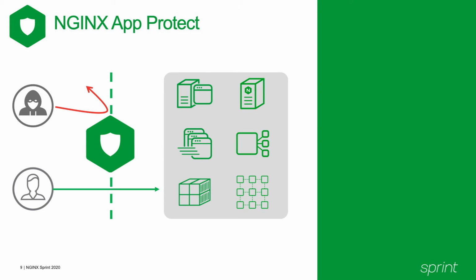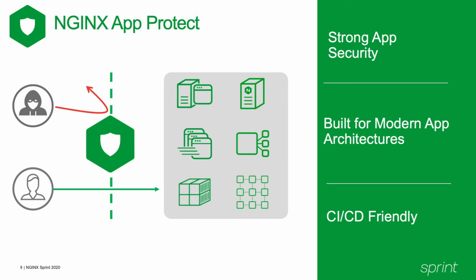How does NGINX Plus work? And how does NGINX App Protect work? NGINX App Protect is a lightweight web application firewall that's based on F5 technology that allows customers to shift application protection closer to the apps and application infrastructure. What it provides customers is a strong and high-performing security tool with trusted signatures from F5 backed by F5 support. But this is not a port of a legacy F5 security tool.